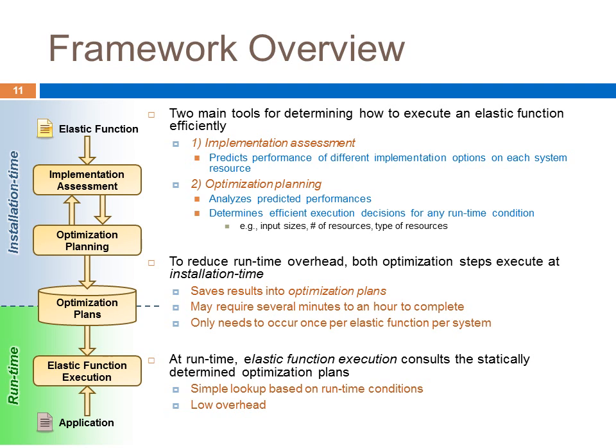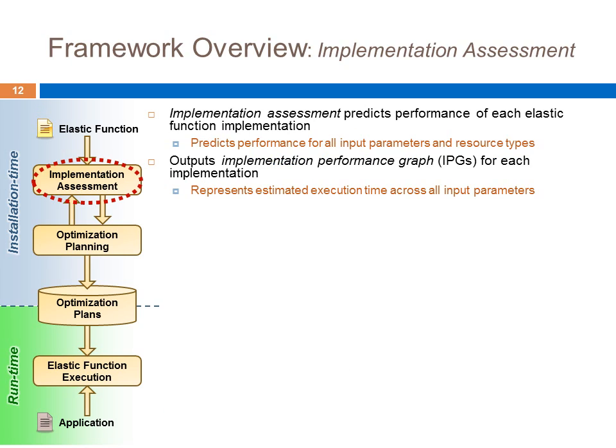And then at runtime, when an application calls the function, there are function execution tools that will simply analyze the optimization plans and just perform a simple lookup into a data structure to figure out what is the best plan for the current runtime conditions. And by doing this, we can minimize the runtime overhead, making it insignificant in many situations.